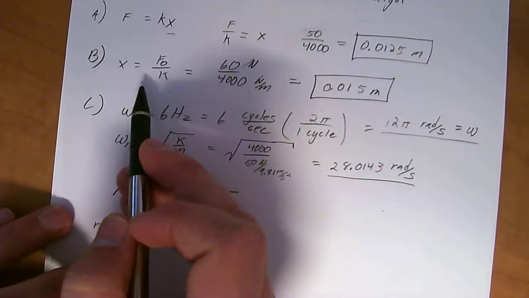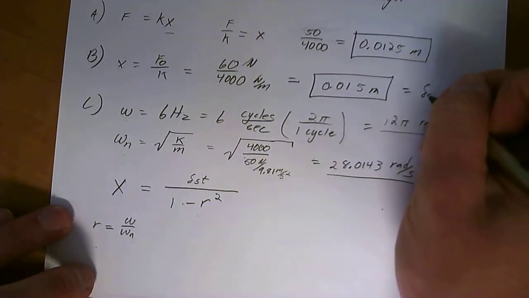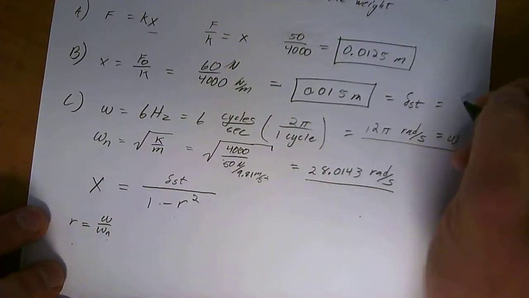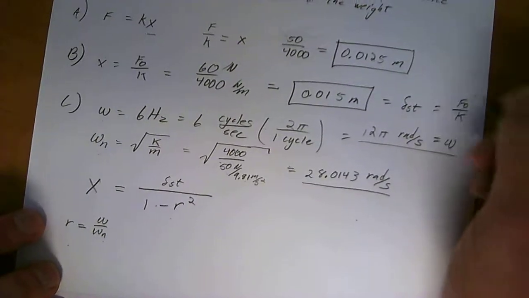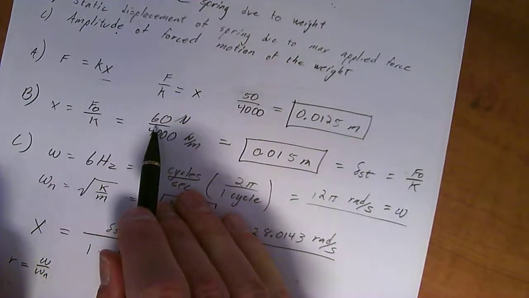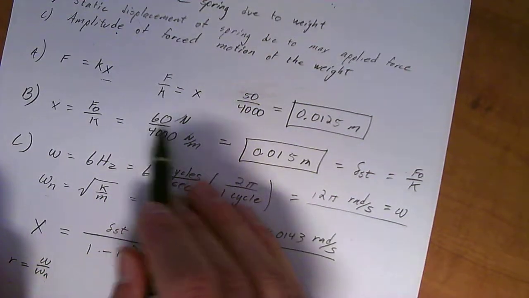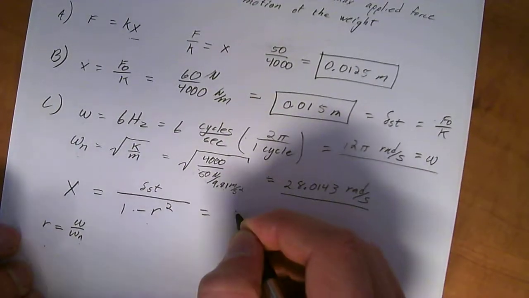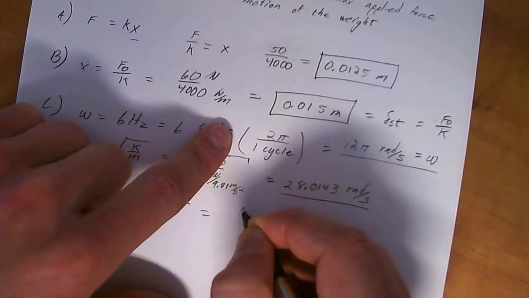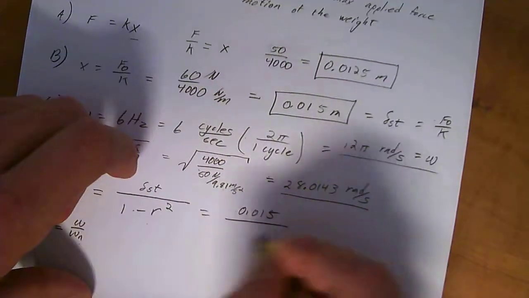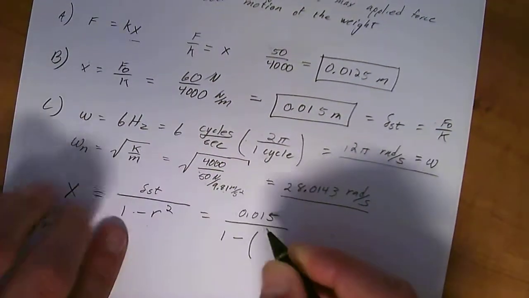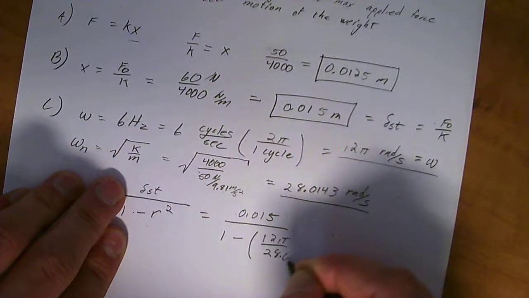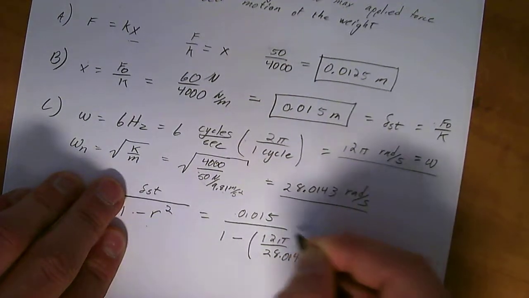And delta st is actually equal to this x up here. This can be written as delta st, which is equal to F naught over k, which we have right here, which is delta st. So then this is equal to, since we solved for this, 0.015 all over 1 minus omega over omega n, which is 12 pi all over 28.0143, squared.